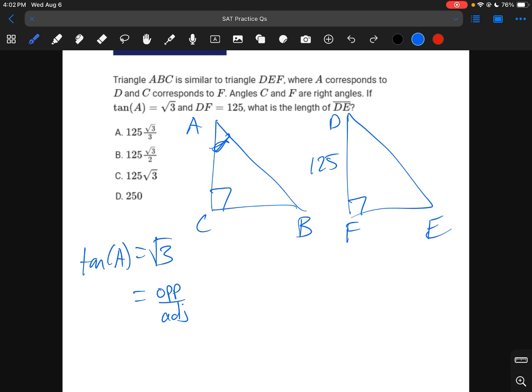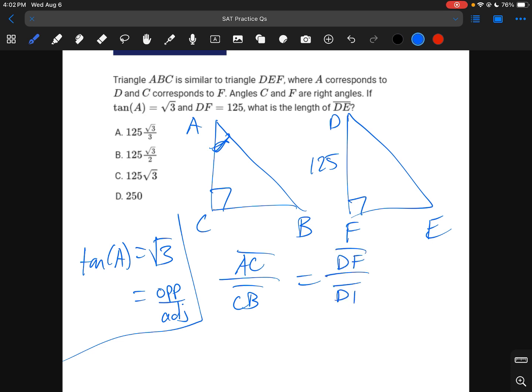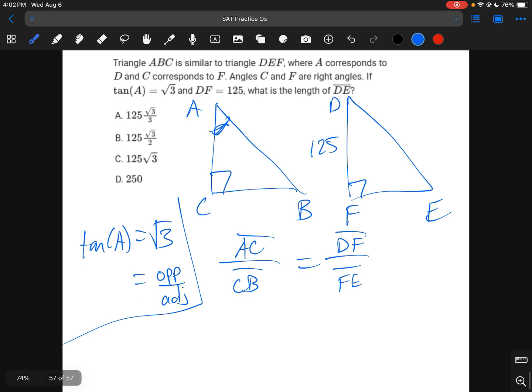Okay, well, similar triangles have a relationship with one another. So the ratios of each side are equal to one another. So that means the length of AC over the length of CB is equal to the length of DF over the length of FE. Okay, so now that we know this, we know tangent is opposite over adjacent.